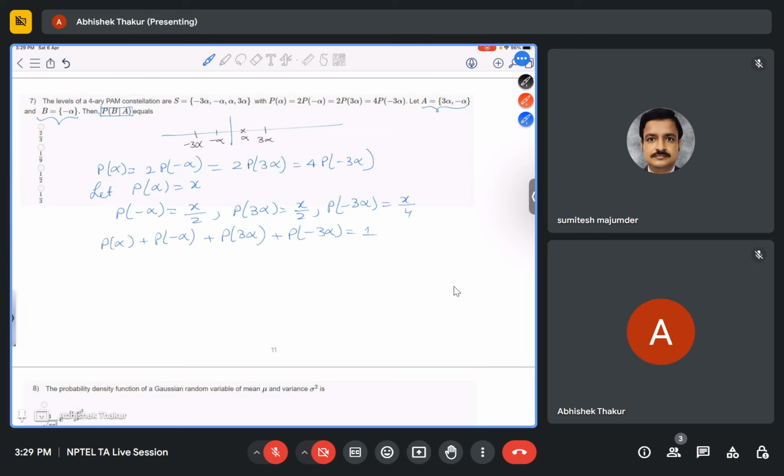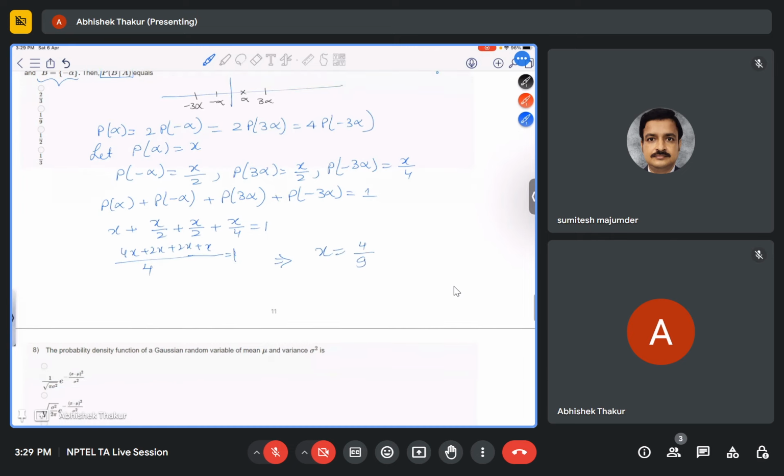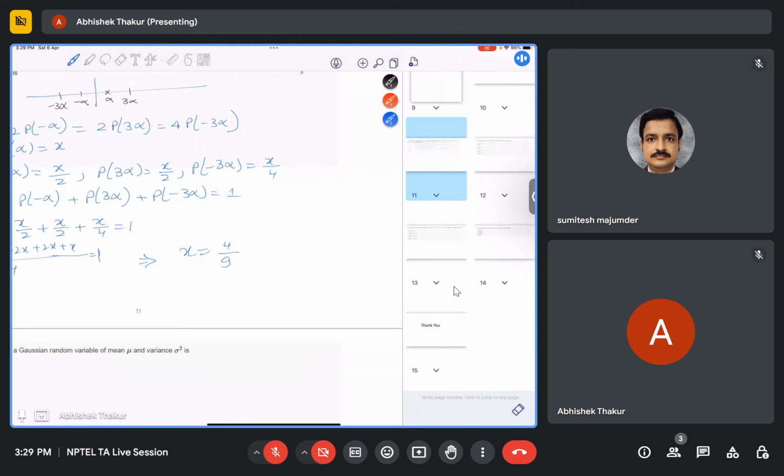Here we substitute the values: x plus x by 2 plus x by 2 plus x by 4 is equal to 1. So the value of x is equal to 4 by 9. Now we will write down all the probabilities.